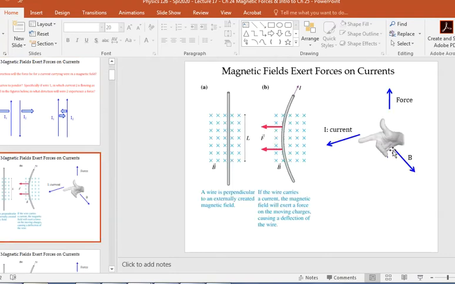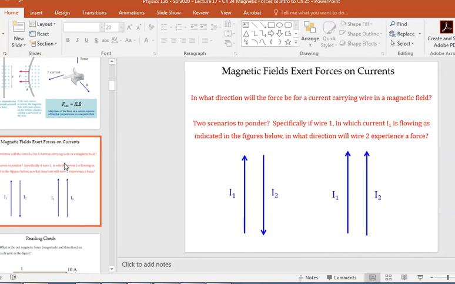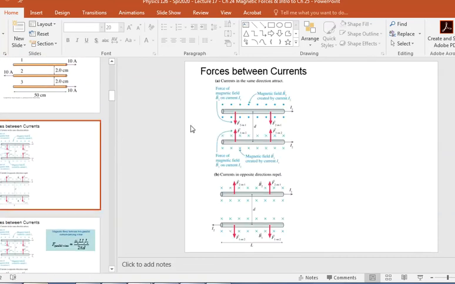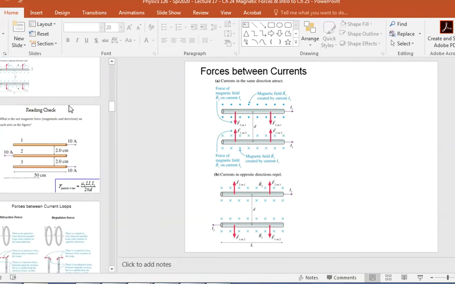So this is kind of the way to do the right hand rule here. The I is going to be the direction the charges are moving. The magnetic field is pointed in this direction, and then the force will be in the direction of your thumb. So we can apply that to this situation here and find out that wires that have currents going in the same direction attract, whereas wires that have current going in the opposite direction actually repel from each other.